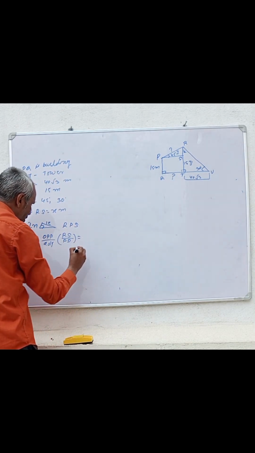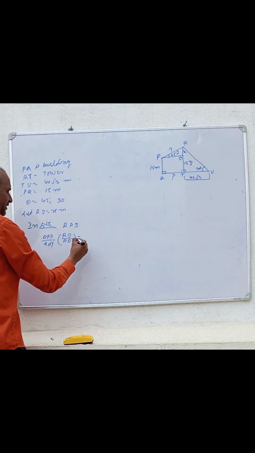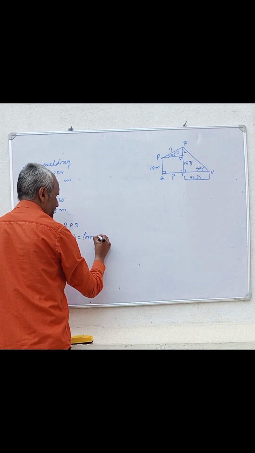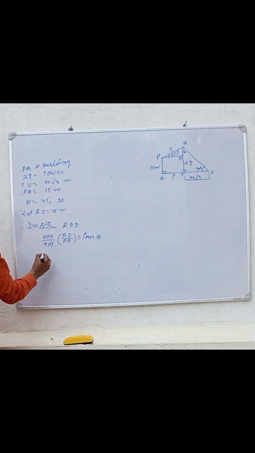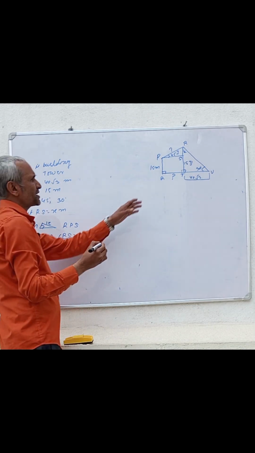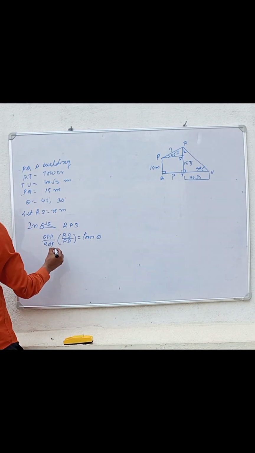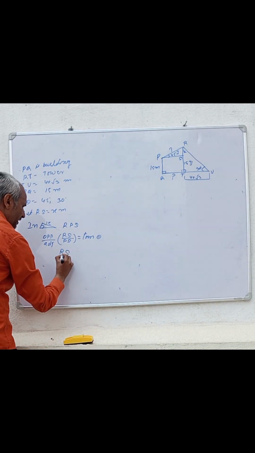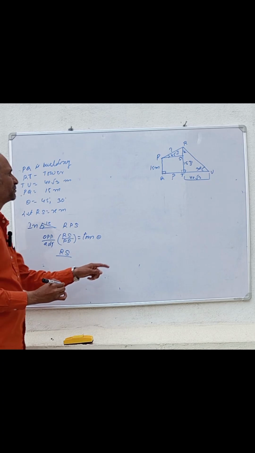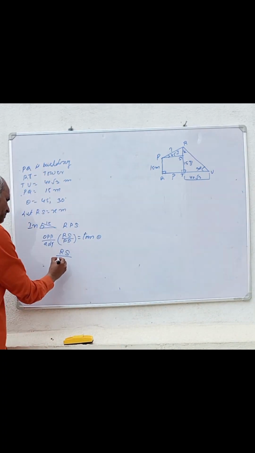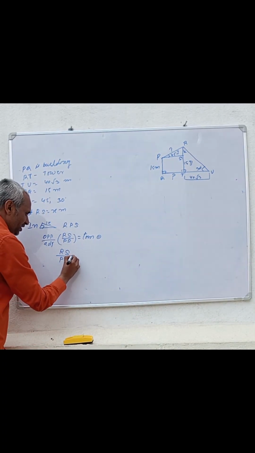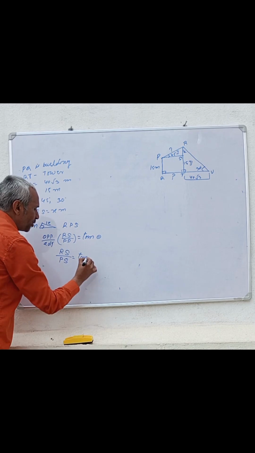PS is equal to what? Opposite by adjacent, you know, it is the tan theta. We are finding RS, how much? Let the RS only. RS by PS is equal to tan 45 degrees. How much given angle?